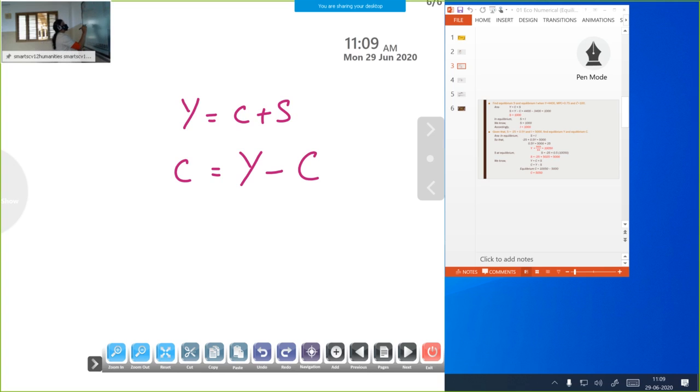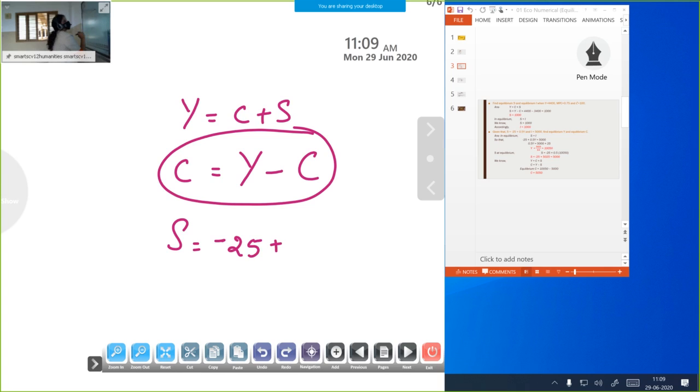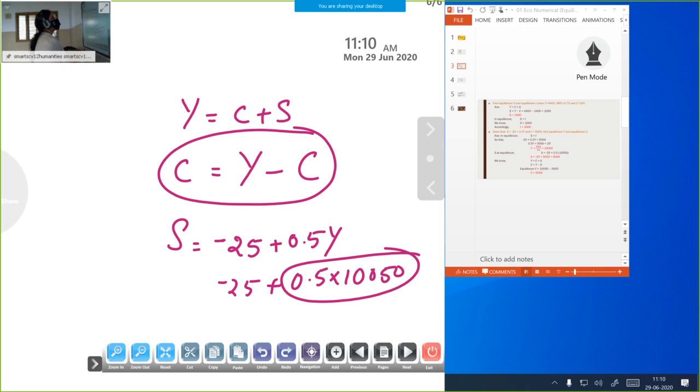Then how will we get S? We have to substitute. So the formula is minus 25 plus 0.5Y, so minus 25 plus 0.5 into Y. Okay, so here you have to give the value of Y. First you solve this one.